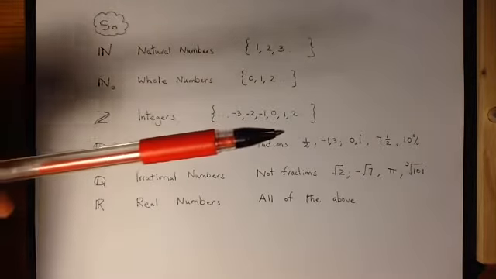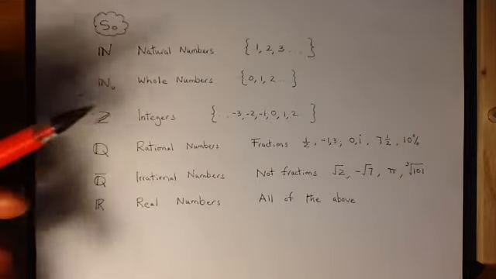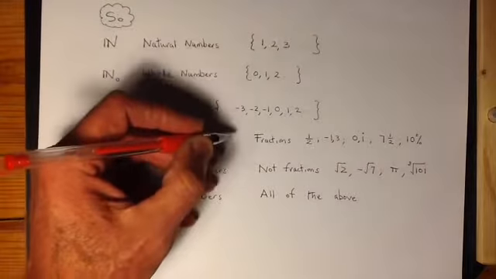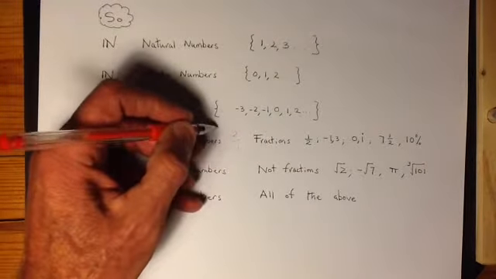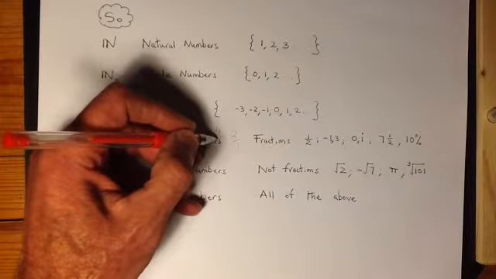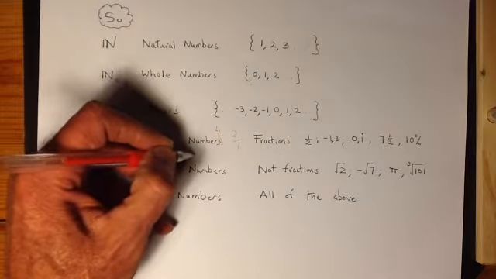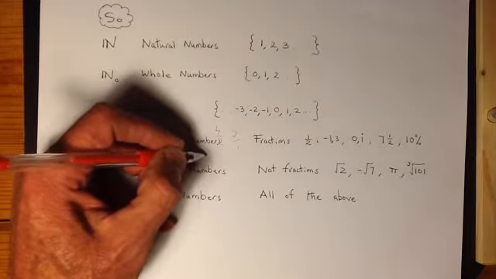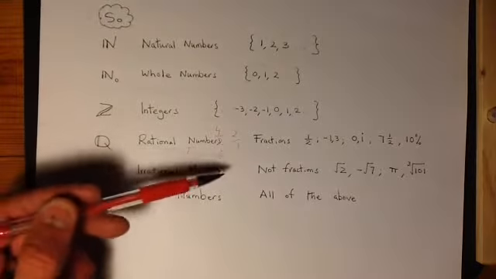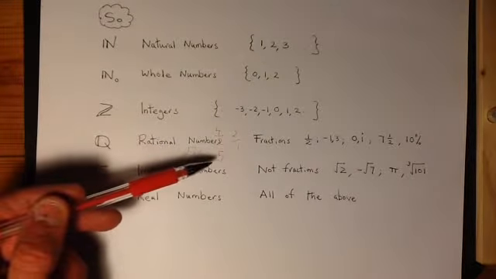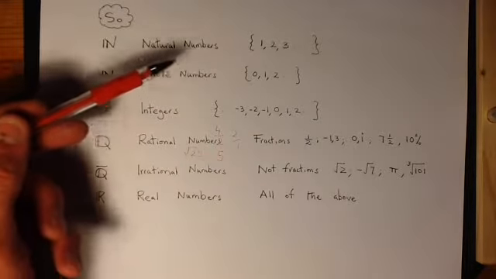Just remember here that a number like 2 will be rational because you can write 2 as 2 over 1, or 4 over 2, so be careful. A number like the square root of 25 is 5. So 5 will be a rational because it's 5 over 1. It's also an integer, it's a whole number, and it's a natural number.